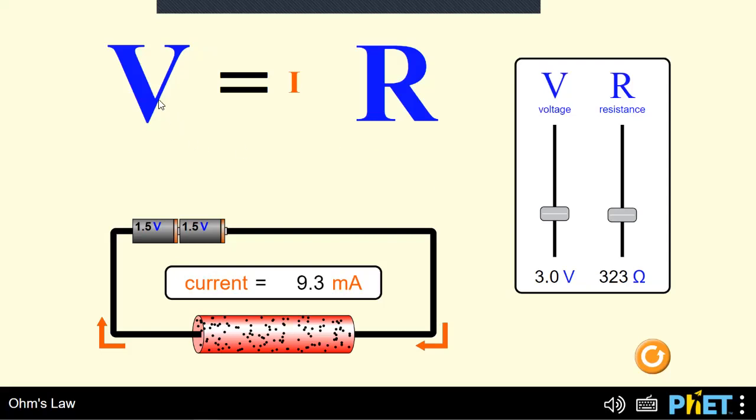The equation is voltage equals current times resistance. In this equation, the relationship of voltage to current and resistance is directly proportional: if we increase the current, the voltage will increase as well, or if we increase the resistance, the voltage will increase as well.